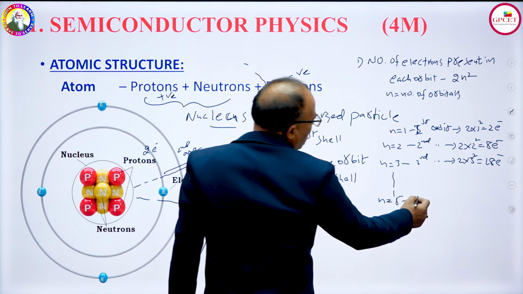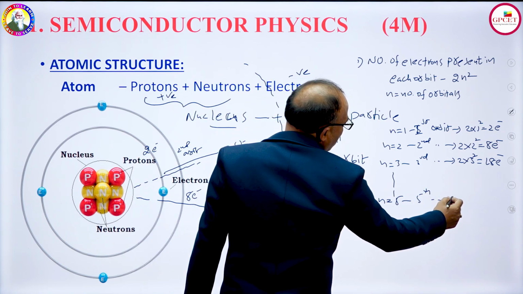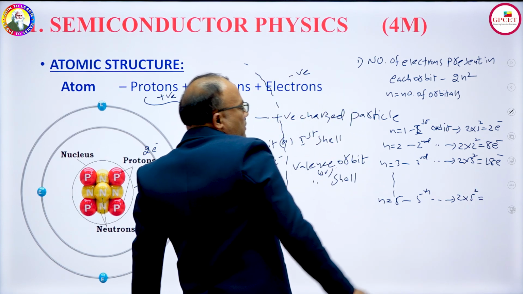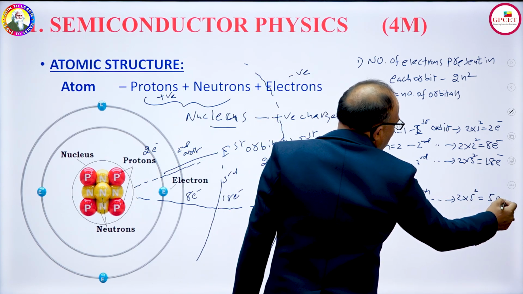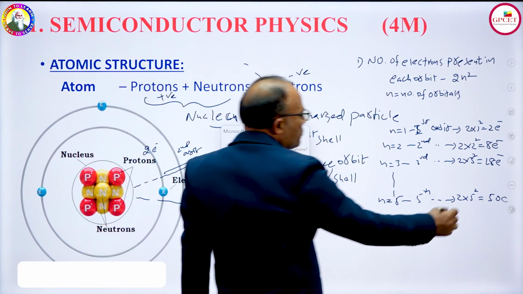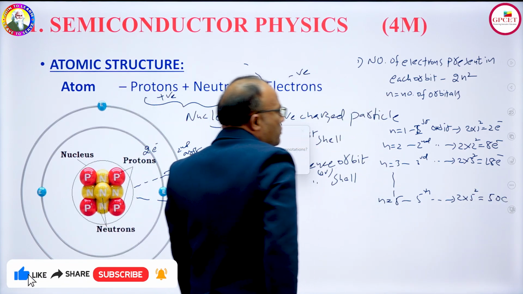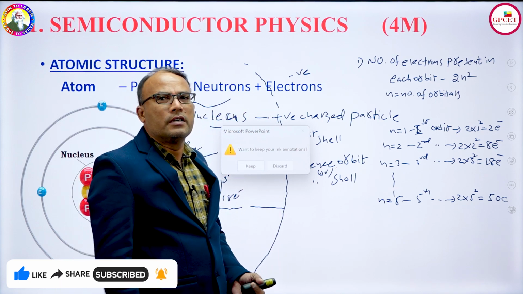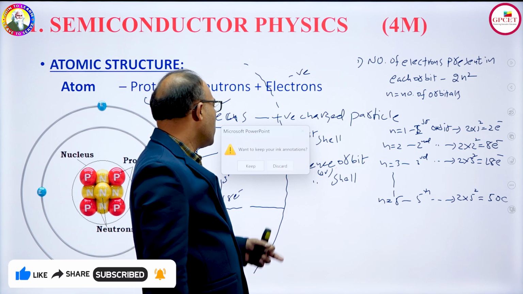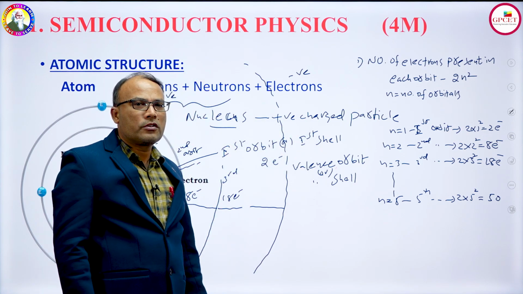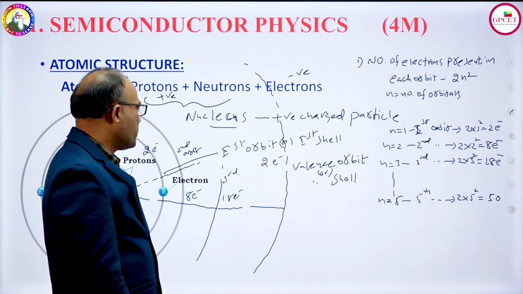Then for the fifth orbit or fifth shell, the number of electrons is 2 into 5 square, so 50 electrons are revolving around the nucleus in the fifth orbit. Likewise, you can calculate the number of electrons revolving around the nucleus in each orbit. So this is the most important point regarding the number of electrons in each orbit.